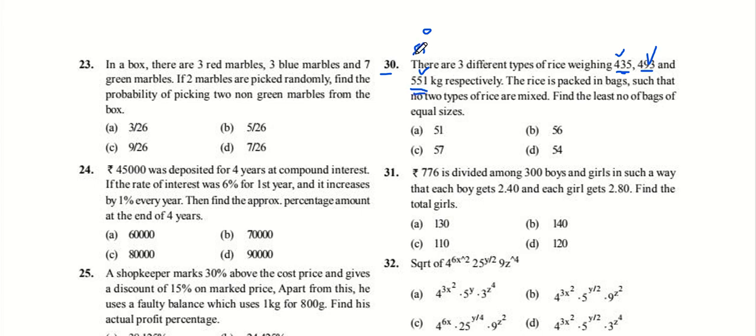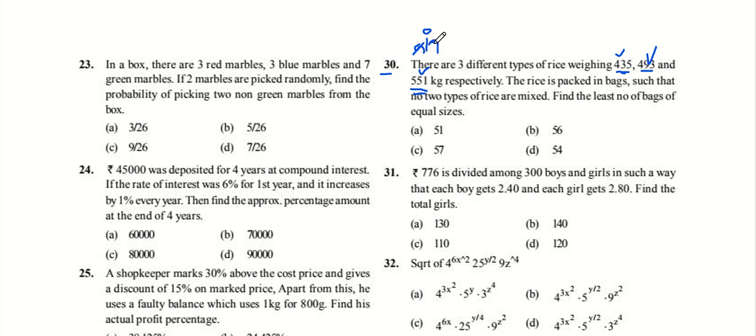So 5 is cancelled, and since 5 is cancelled, 10 and 15 are also cancelled. Now we will switch to 7. If 7 divides any one number, then check all; that is your common factor. Seven sevens are 49, 61.